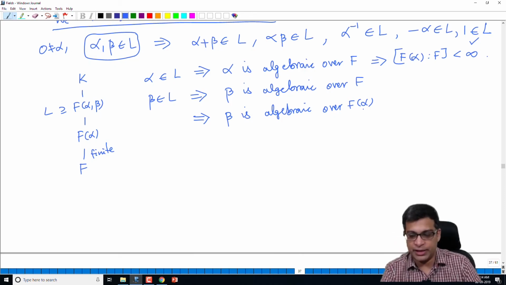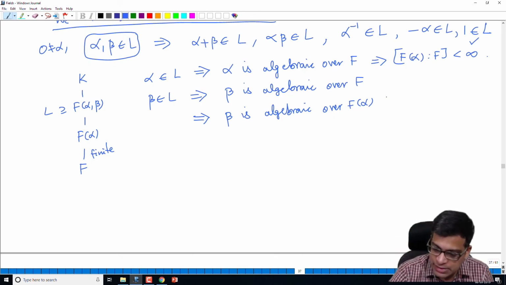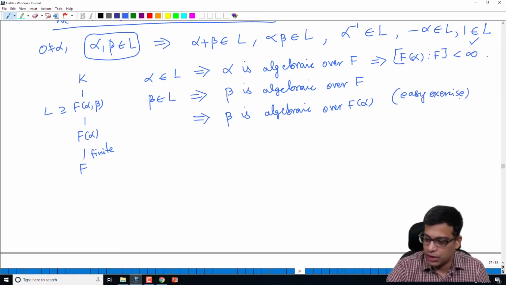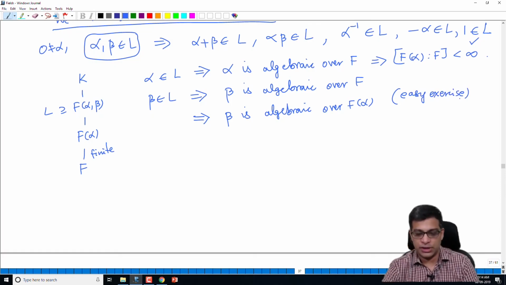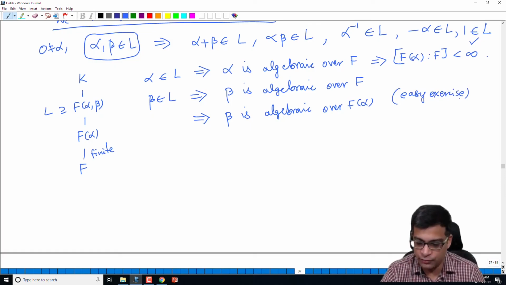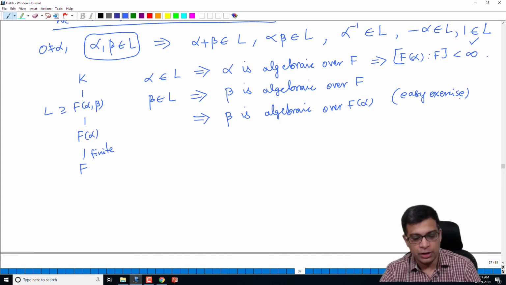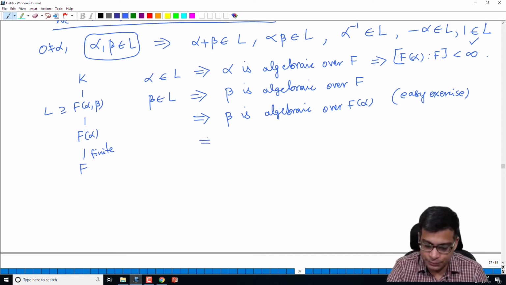So certainly beta is algebraic over F alpha. This is an easy exercise. Please think about this and go back to that part if you want. That polynomial actually lives over F alpha, so beta is algebraic over F alpha.